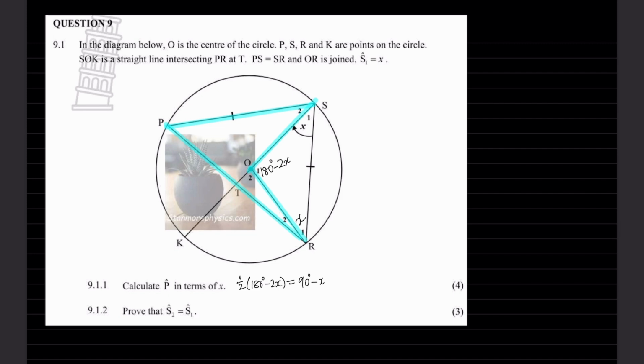Next question, prove that S2 is equal to S1. Now to do that, I'm just going to clear up some space here, and I want to focus on the larger triangle, being this triangle right here.